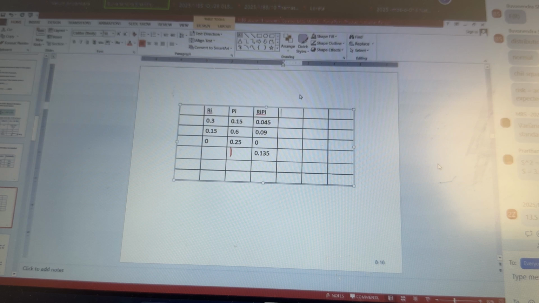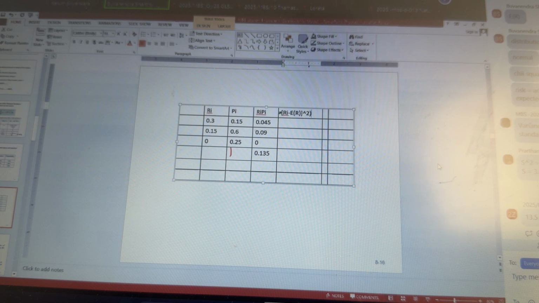Then moving to the variance calculation. How can we do the variance calculation? We need to take Ri minus the expected return, power 2, and then multiply by the probability.